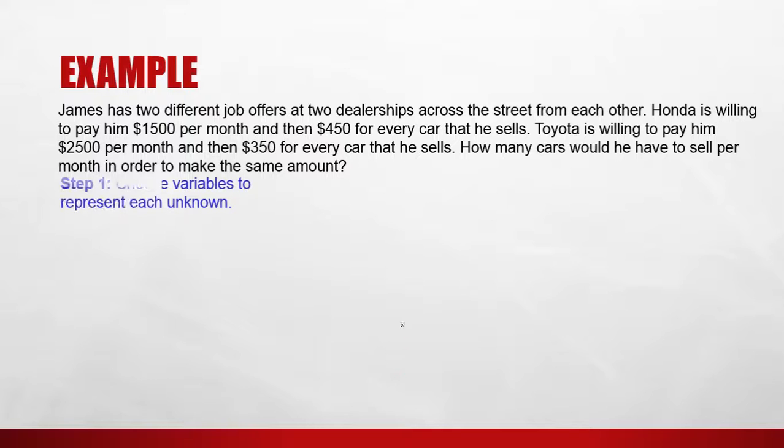Same thing as before. First, choose variables to represent the unknowns. x is going to represent the number of cars. y is going to represent the monthly salary. Keep this in mind on how to determine what should be x and what should be y. x is your independent variable and y is your dependent variable.